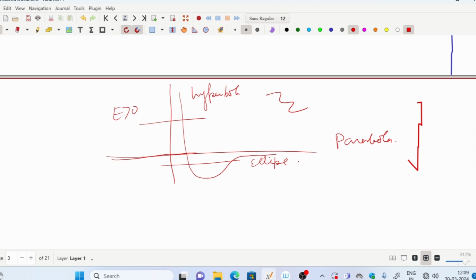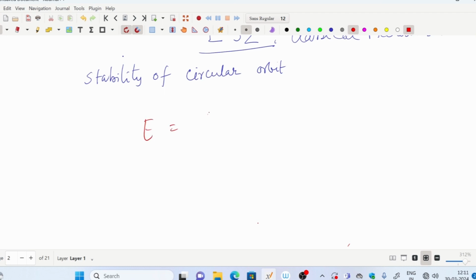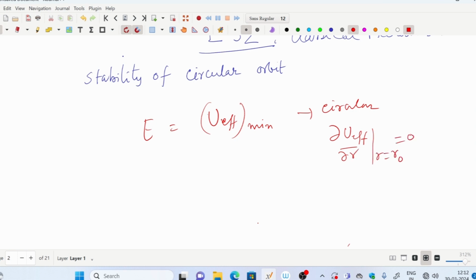The most interesting thing that we will concentrate on today is the stability of circular orbit. We found that when the energy equals U effective minimum, then we have a circular orbit, where del U effective del R at some point R equal to R0 is 0.